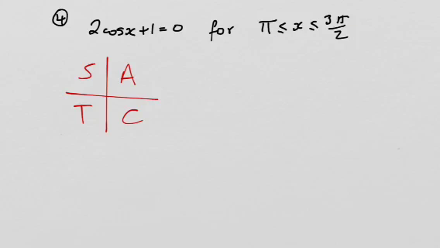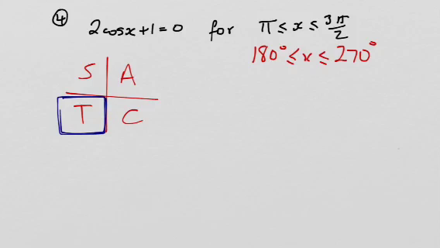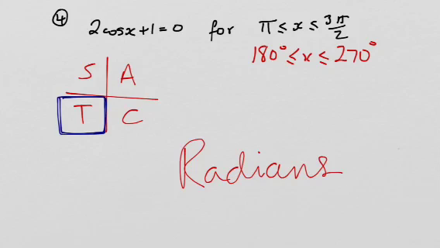Your answer can only lie between pi radians, which is 180 degrees, and 3 pi over 2, which is 270 degrees. So that means that we're looking for the answer in this quadrant here. It's only one answer we're looking for, and it's in the T quadrant. Remember to write your answer in radians, do not do it in degrees.